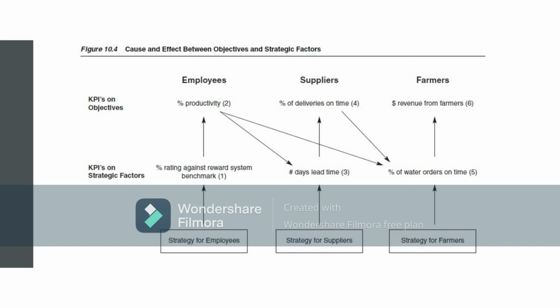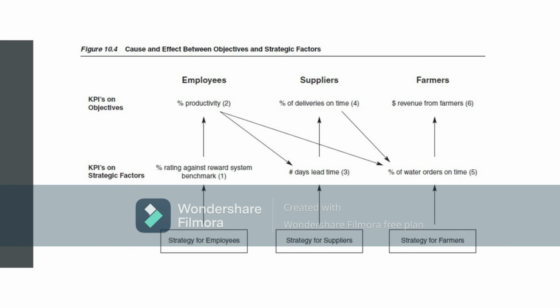So, Figure 10.4 illustrates how supplier strategy 2 can be tracked. Just to give another example, it can be done directly on the KPIs applicable to suppliers, but it can also be done on those for farmers.